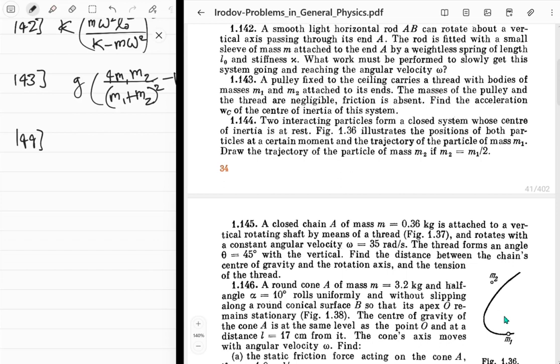You're going to find the trajectory of the particle m2. If it's at rest, then its velocity will always be, yeah, I mean, you can do that, sure. Okay, if m1 over m2 is equal to m1 upon 2. Okay, cool. So let's go with the fact that m2 upon m1 is mu, and then you want to figure out the trajectory.